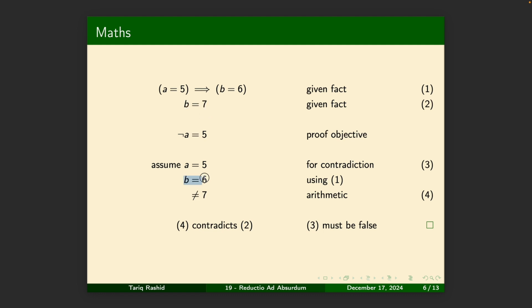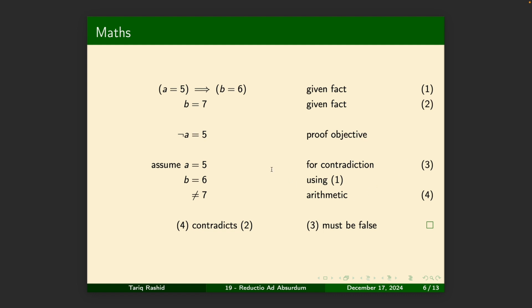Yes, we can say B equals 6 contradicts B equals 7. But to be even more clear, just in case somebody's being really obstinate, we can say B does not equal 7 and B equals 7 are contradictions. So yes, it's being pedantic, but there's a reason for that, and it's how Lean will work when we write the Lean code. So we've got a contradiction.